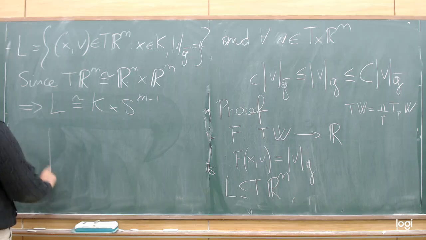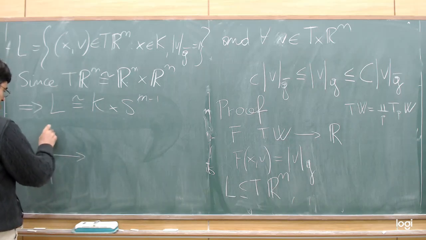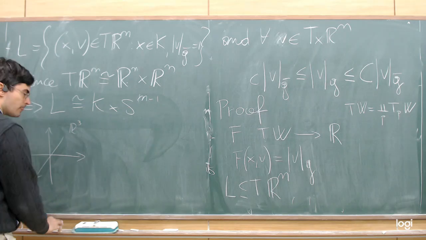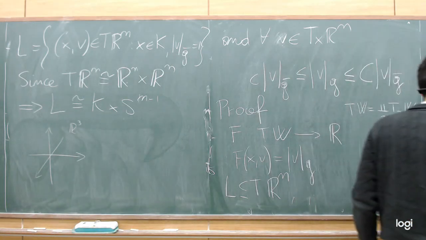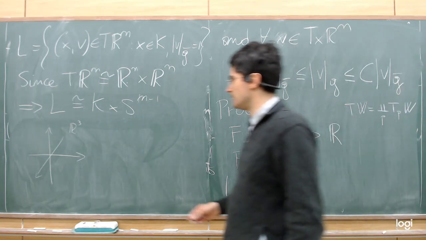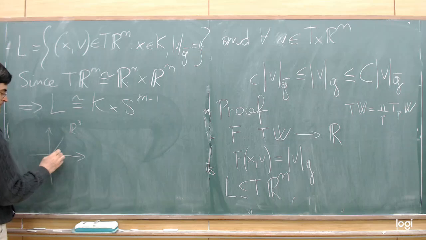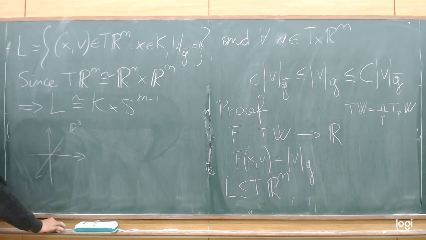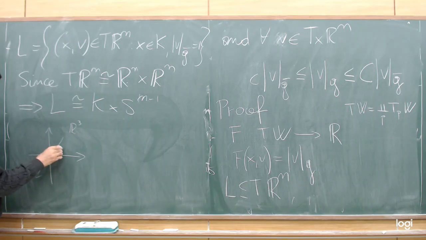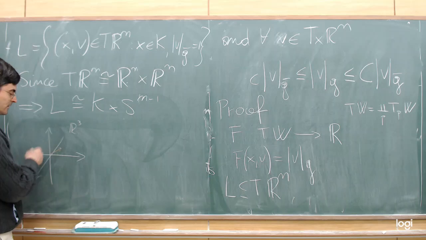So if this is R^3, and this is a vector of length 1, you can identify the vector with the endpoint, which is a point of a sphere of radius 1.